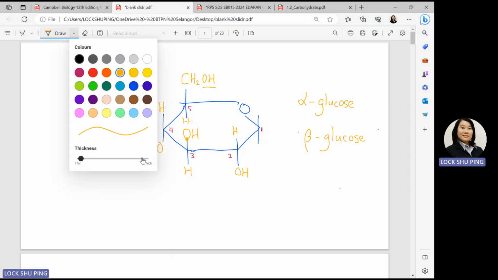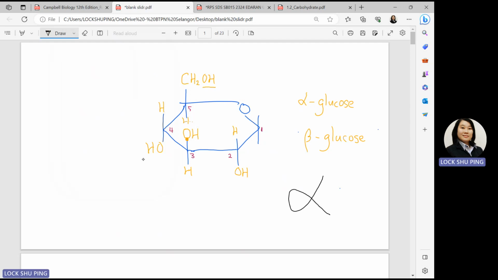When you write the word alpha glucose, notice that the way we draw is going down first. Meaning that for alpha glucose, the OH is located below.